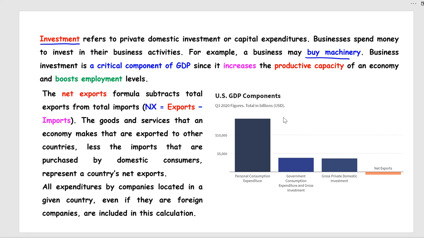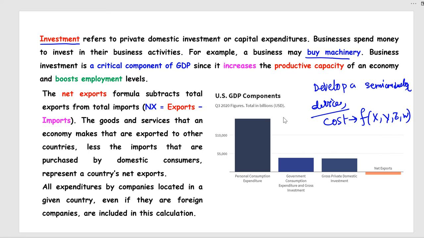If you develop a semiconductor device, then the cost function will be a function of several variables x, y, z, w, and other things.